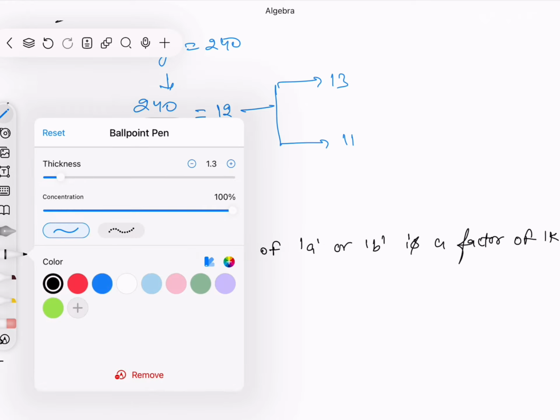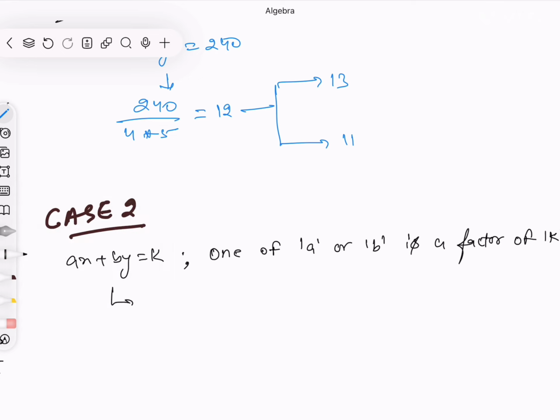If that is the case, then let's say k upon a into b gives a value of n point something.